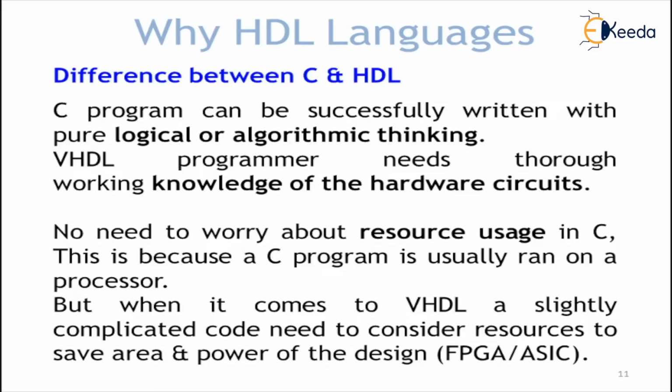So what are the resources here? The term resources means the utilization of our basic gates, combinational circuits such as multiplexers, demultiplexers, encoders, decoders, and sequential circuits such as flip-flops, latches, shift registers, counters, and so on. We have to minimize that utilization while keeping our functionality exactly the same.